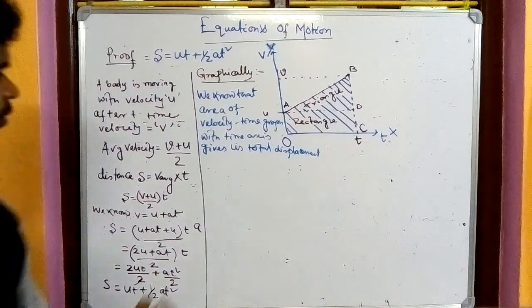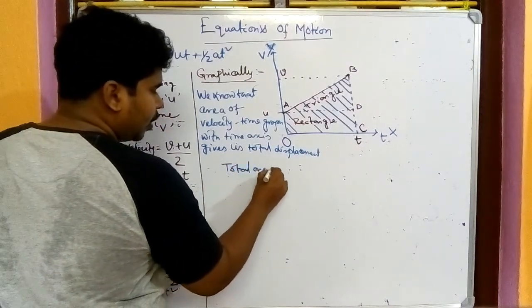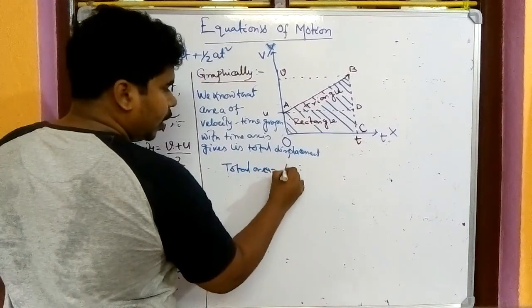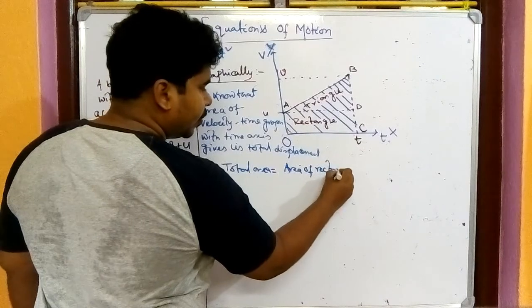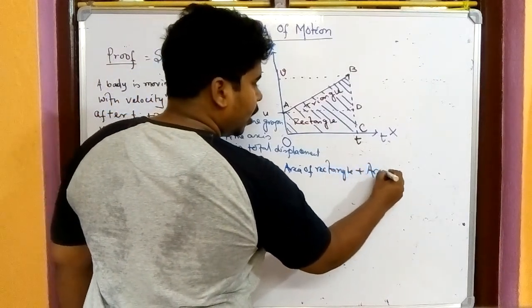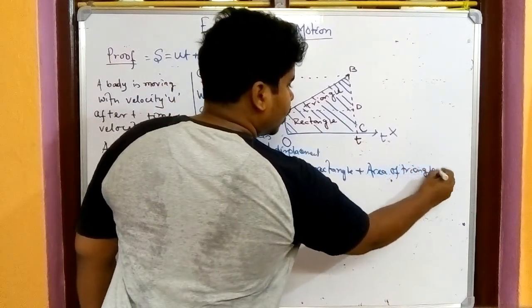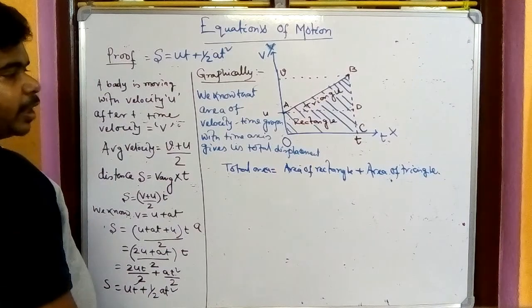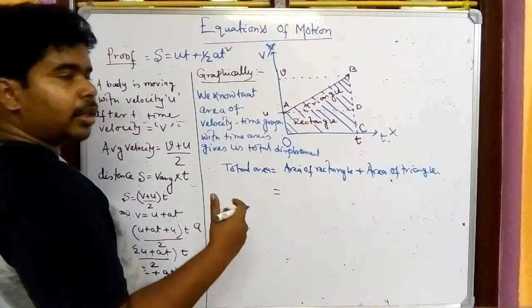So total area is equal to area of rectangle plus area of triangle. The area of a rectangle is length into breadth.